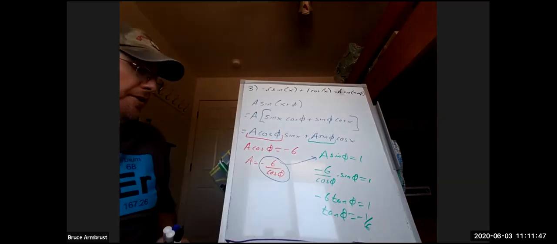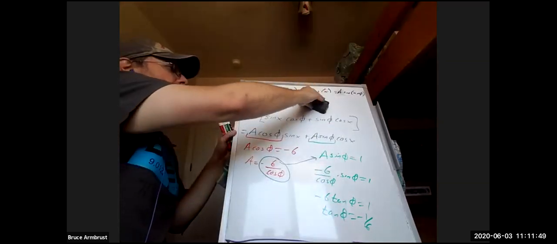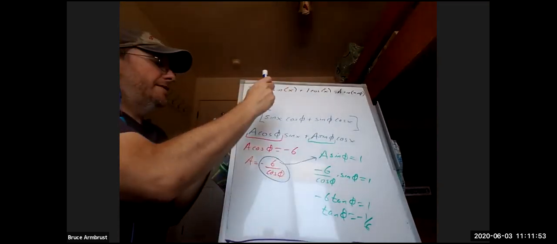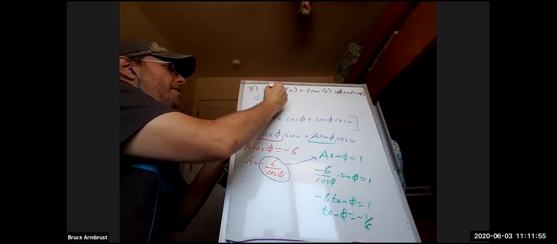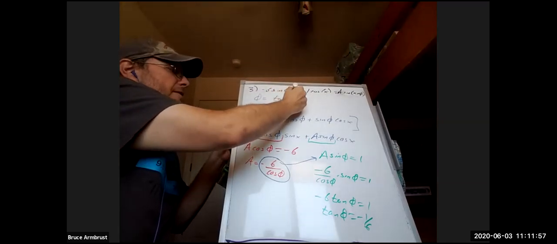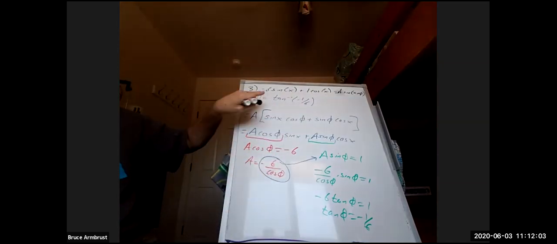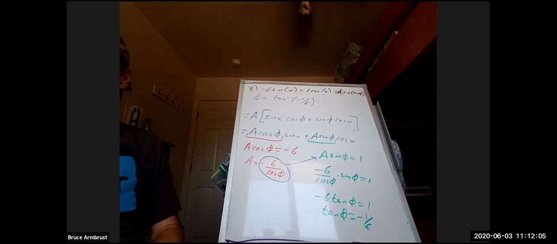Okay, so in terms of what phi is going to equal, I'll go ahead and just write that up here. We know that phi is equal to the inverse tangent of minus 1/6. Now, obviously, yours might have different numbers, so watch for that. But at this point, you do inverse tangent. That'll at least get you decimals that you can type in.